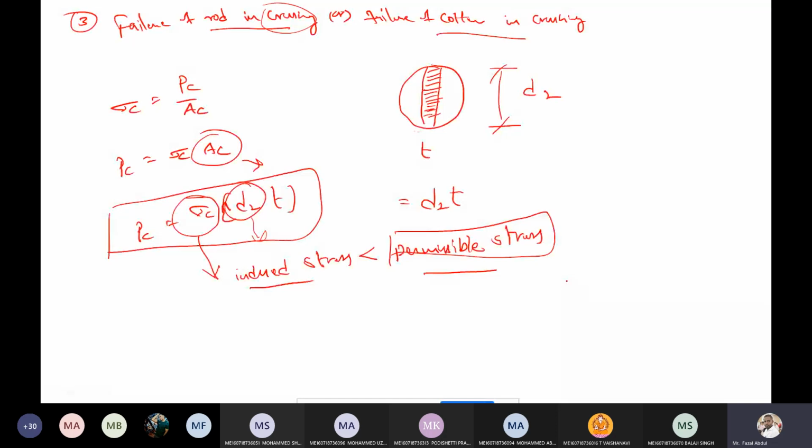Now the next thing, this is the third one. Now the fourth one: failure of the sleeve in tension. Failure of the sleeve in tension across the slot.